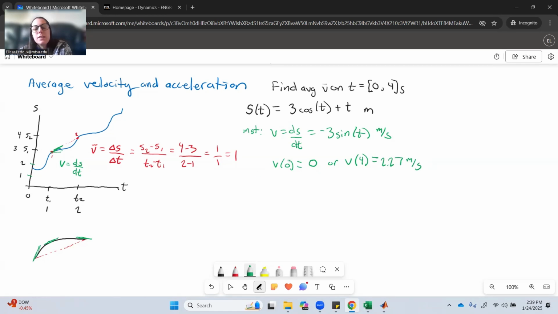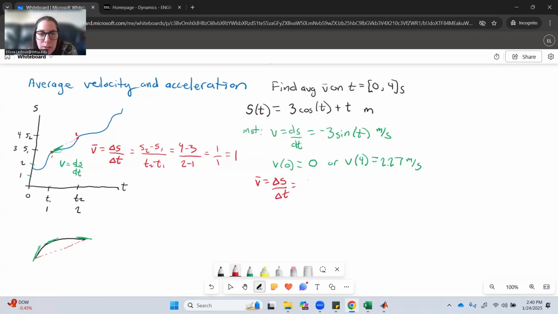So we see that instantaneous velocity is going to change at every single instant. So v at the beginning of this interval, v at the end of this interval are not the same. Whereas average velocity just gets the whole average. And so we'll say for average velocity, we'll have v bar equals change in position over change in t.